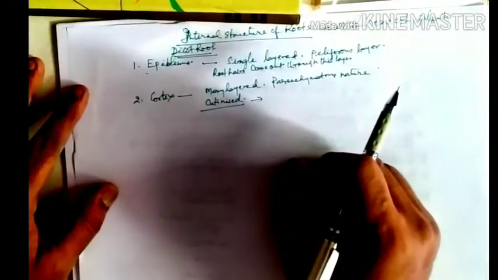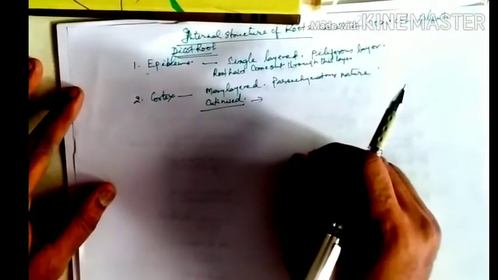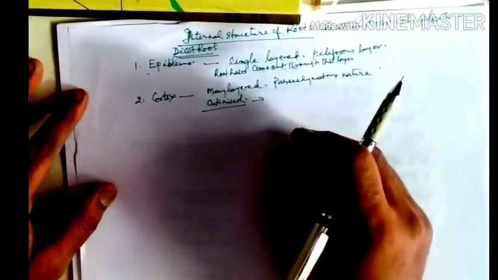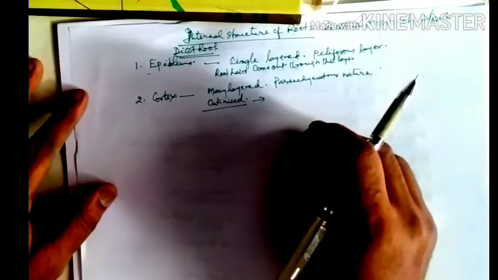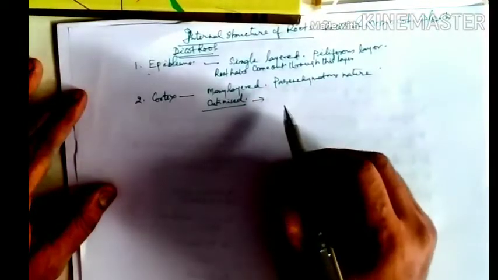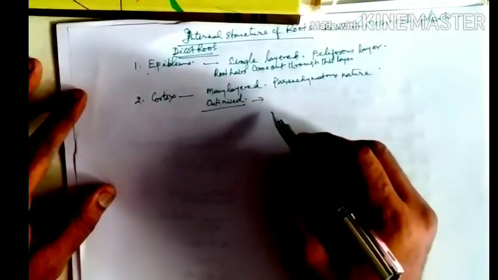Means there is extra deposition of cutin, so it is known as cutinized, and hence it performs the duty of protection, and it is known as the protective layer.